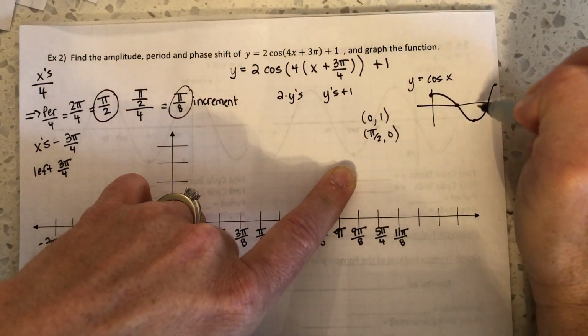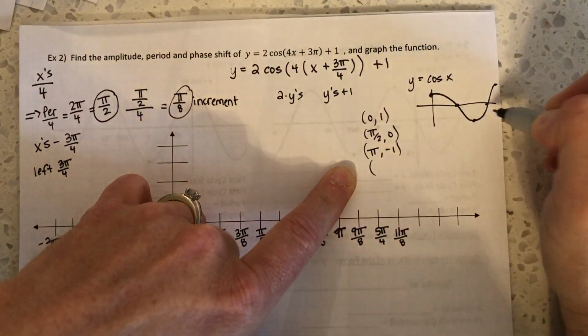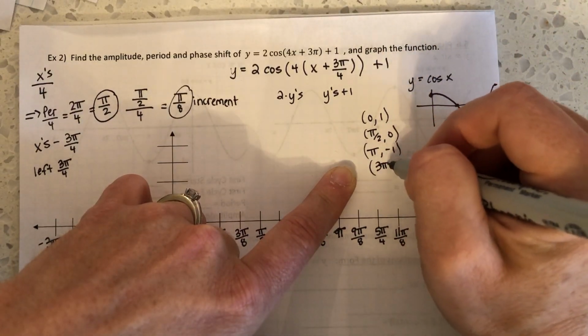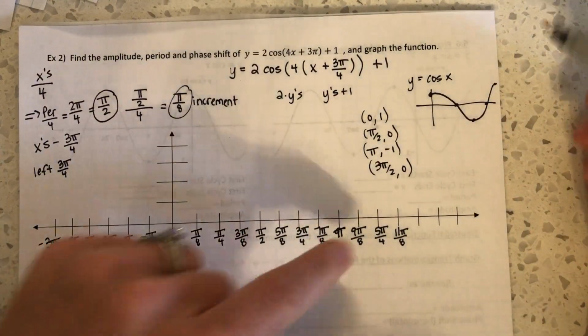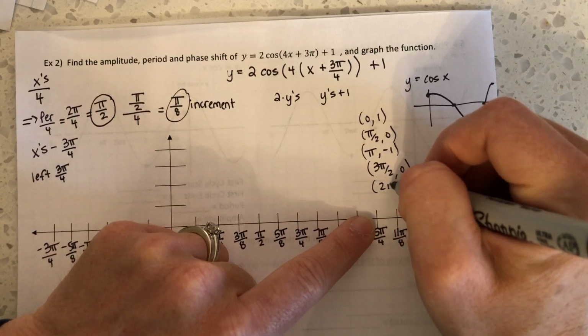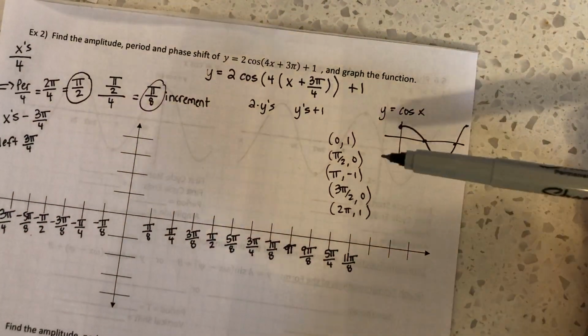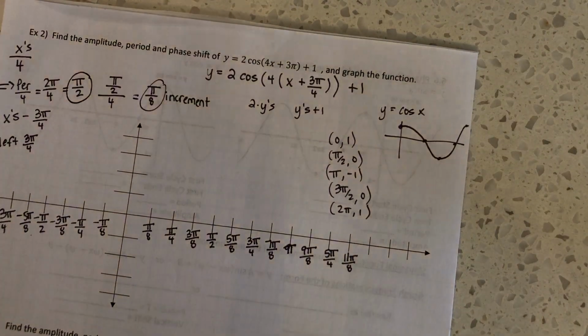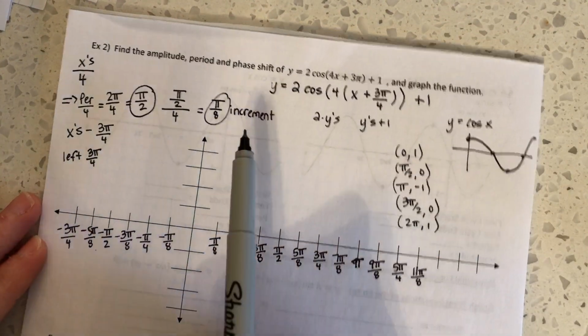Then it went to (pi, negative 1). And then it went to (3 pi over 2, 0). And then it went to (2 pi, 1). Okay? These are the 5 ordered pairs that you should be making these changes to.